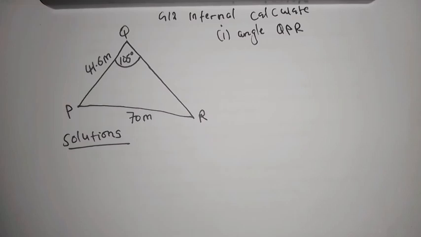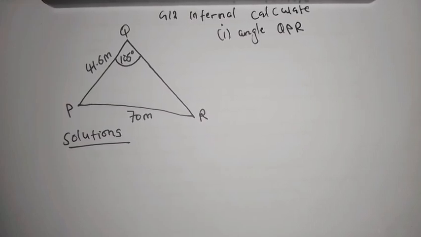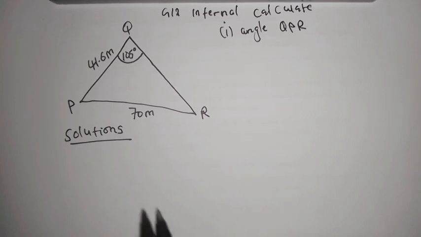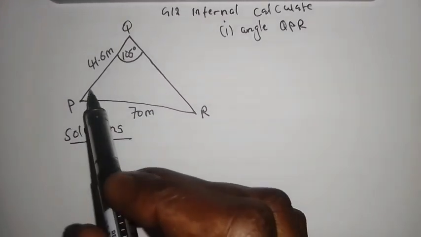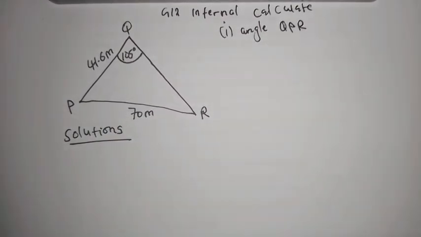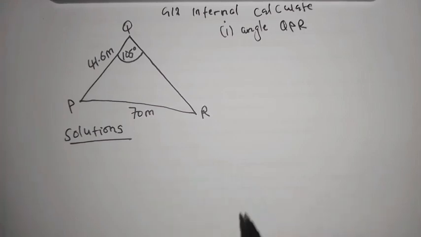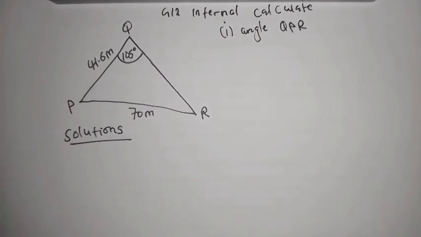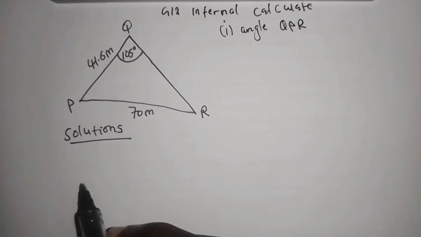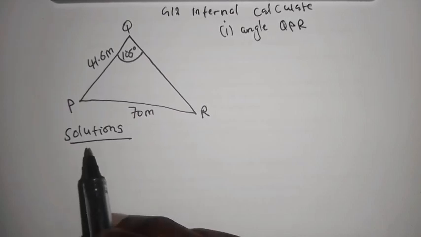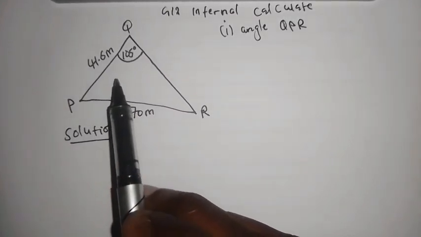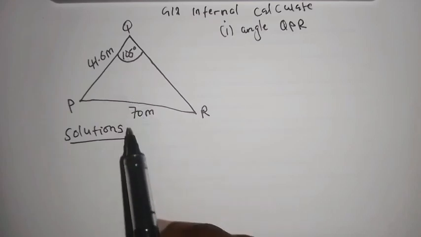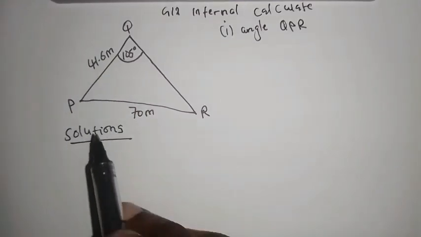So the first question is finding the angle P, this angle. What you need to understand is that you have to identify whether you are using the sine rule or the cosine rule. From this, we are going to use the sine rule, because we have 105, 70, 41.6.